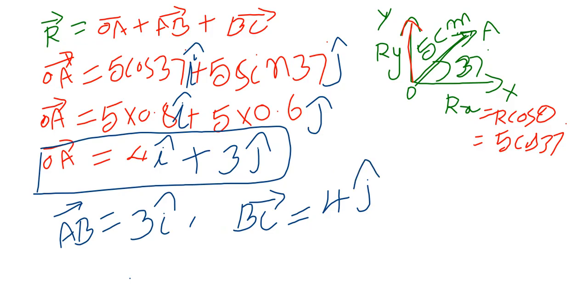Now we have the values of OA bar, AB bar and BC bar. So R bar is equal to OA bar plus AB bar plus BC bar.